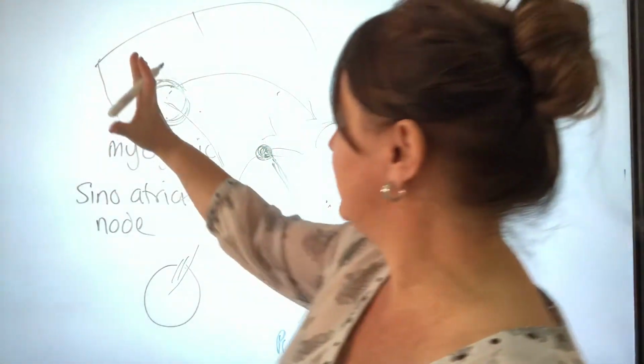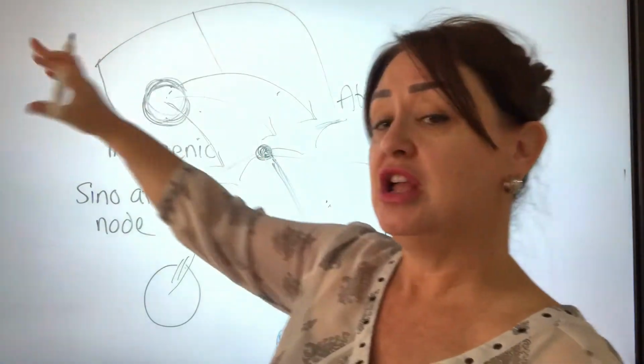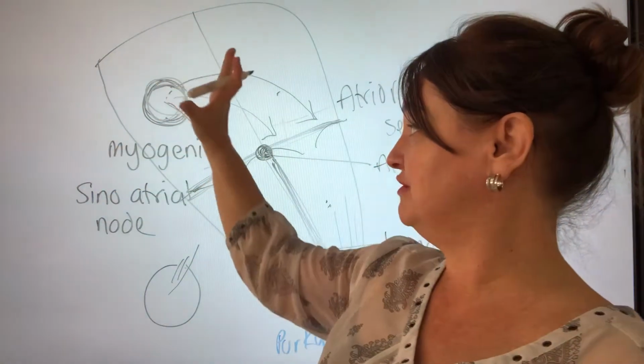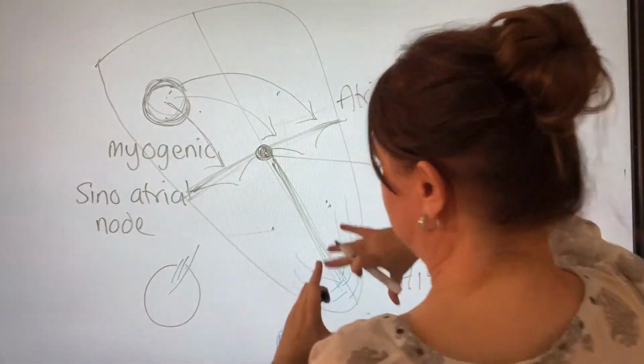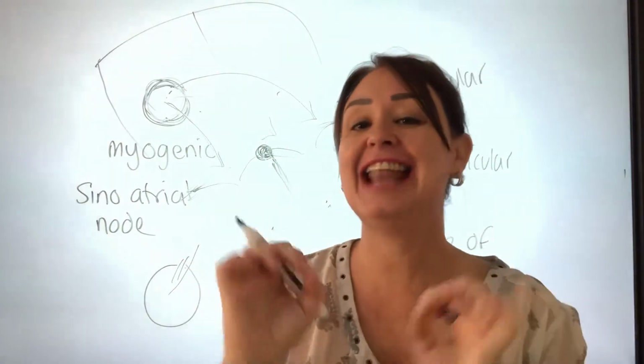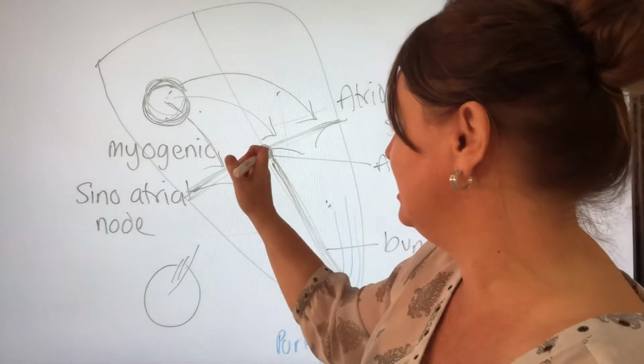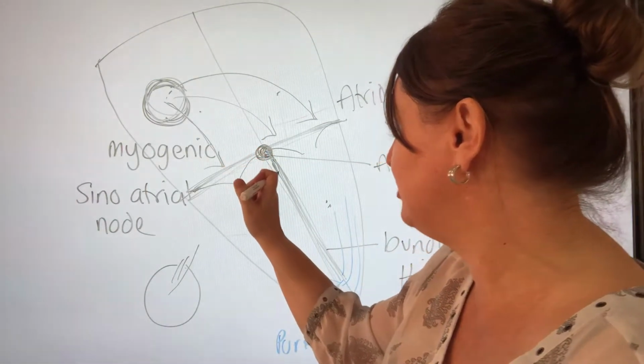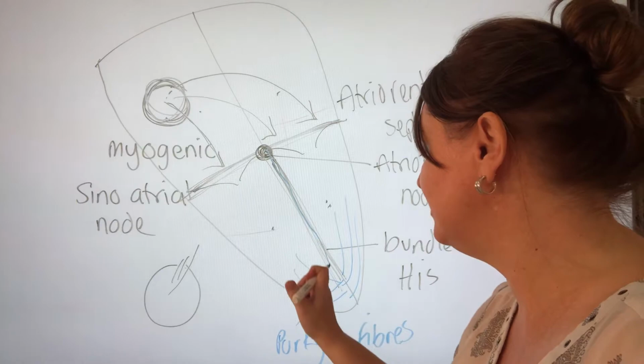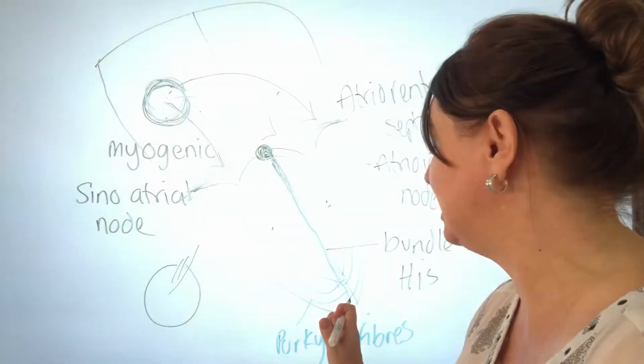So what happens is we get this wave of electrical excitation, a wave of muscular contraction follows, the blood is squeezed into the ventricles, and there's a slight delay of about 0.2 seconds. And that delay is the electrical impulse travelling down that bundle of His, and that's the amount of time it takes.